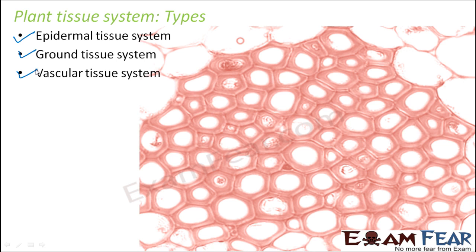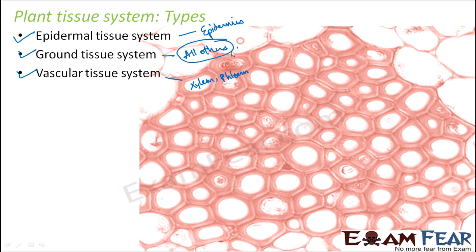Vascular tissue system will only talk about the conducting tissues, that is, xylem and phloem. And the ground tissue will talk about all other tissues. So these three tissue systems are at a higher, broader level.